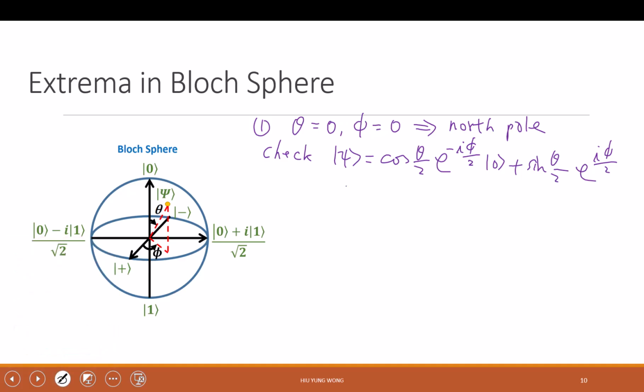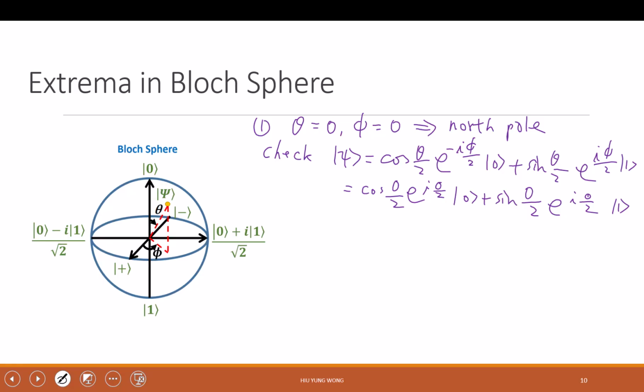This is nothing but cosine 0, e to the power i 0 divided by 2, 0 plus sine 0 divided by 2, e to the power i 0 divided by 2, 1. I forgot the 1. So sine 0 is 0. Cosine 0 is 1.